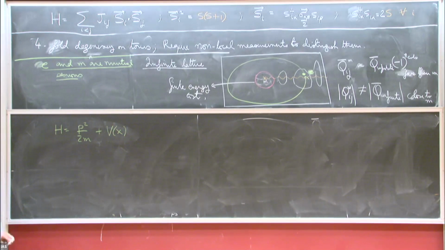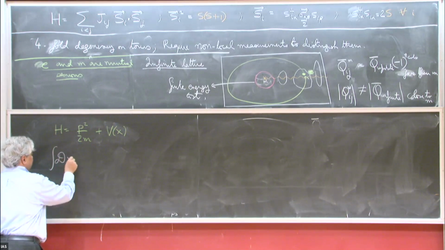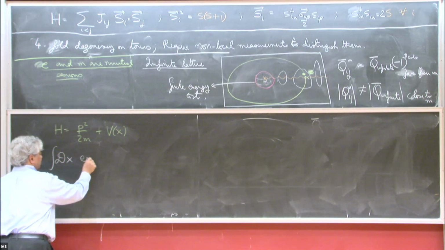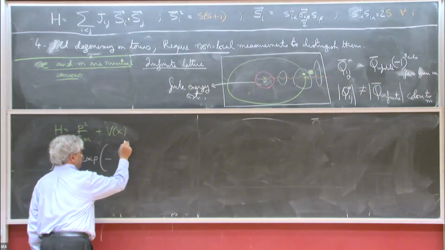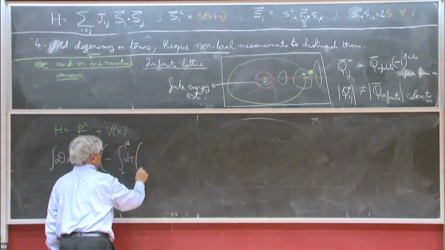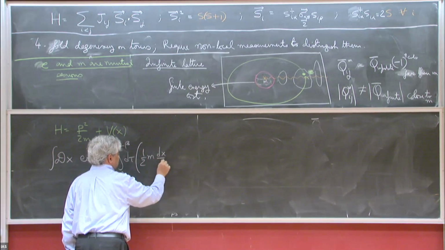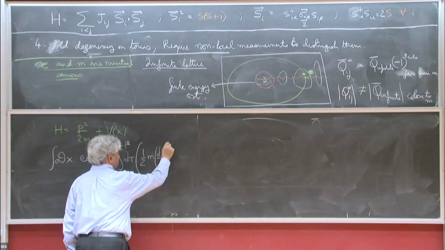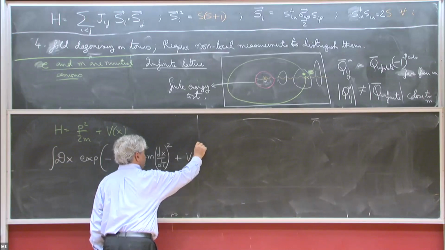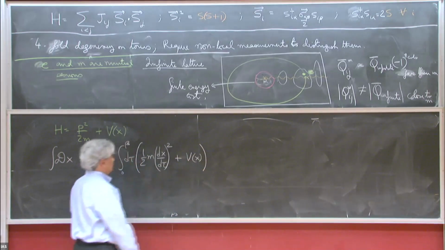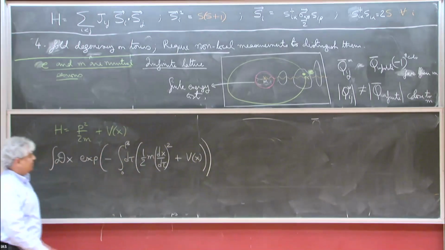But if I try to do this in path integrals, I can write this as a path integral of dx of exponential in imaginary time, 1/2 (dx/d tau) squared plus V of x. I hope I have all the signs right, I think I do.